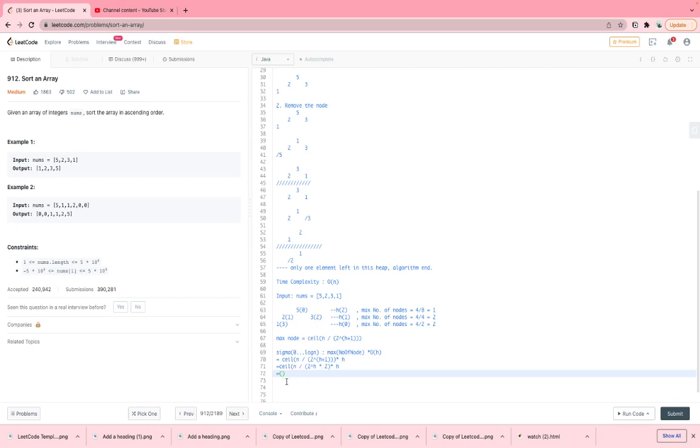So it's going to be n by 2 and n by 2, and what do we do? n by 2, and we're going to do this one. Here is going to be h by 2 to the power of h.